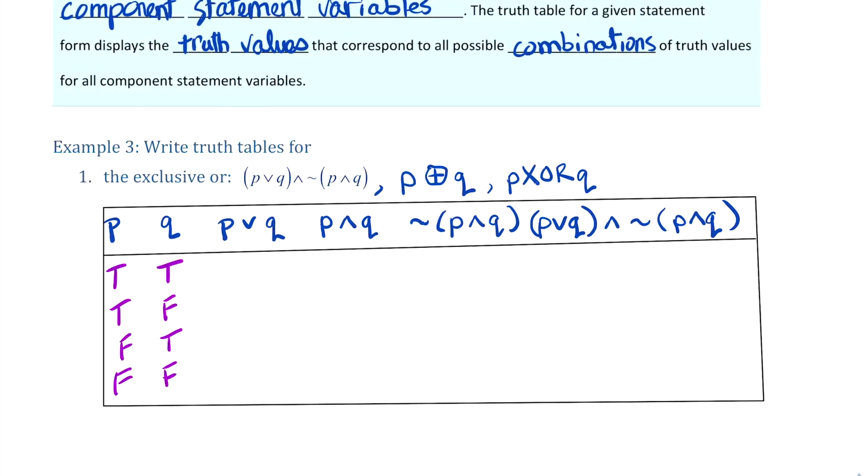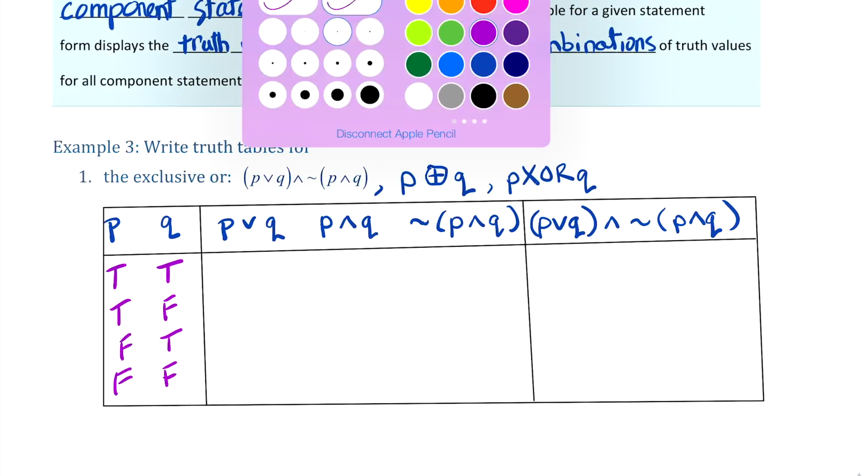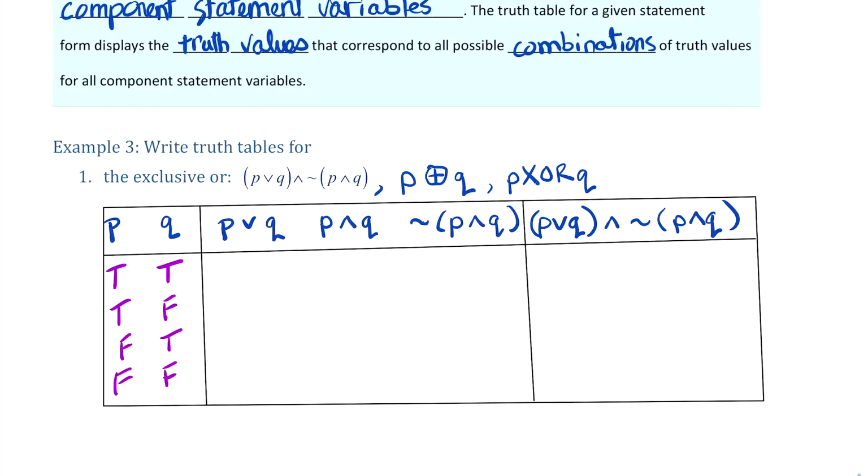All right, so continuing on our truth values. So we're basically doing one big table. So we've done the P or Q, right? The disjunction of P and Q before, and the conjunction of P and Q before.